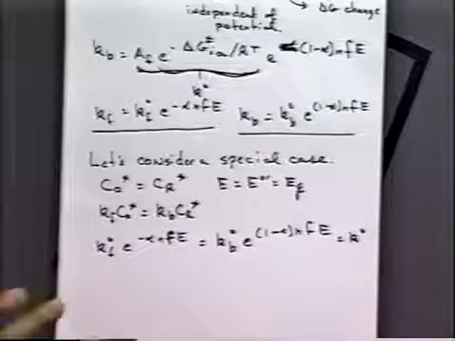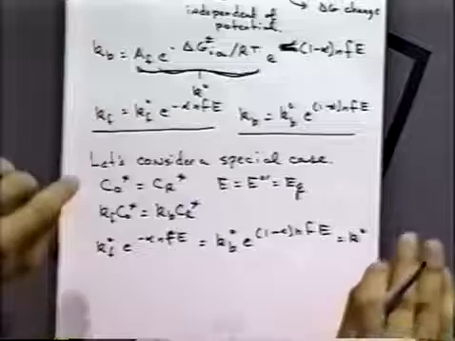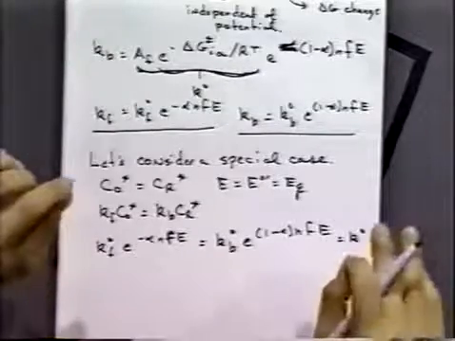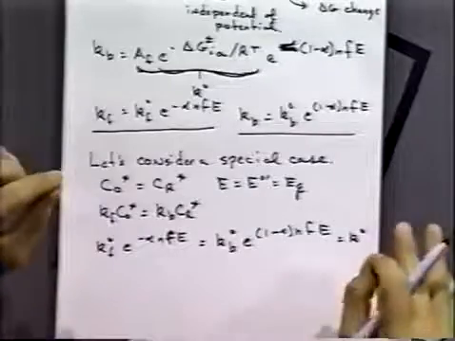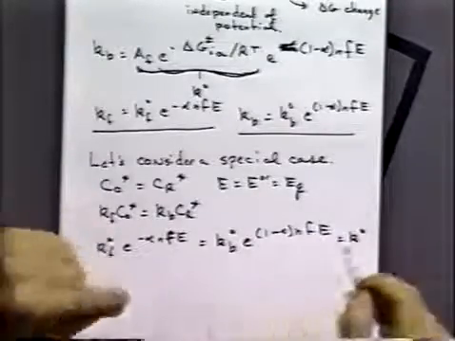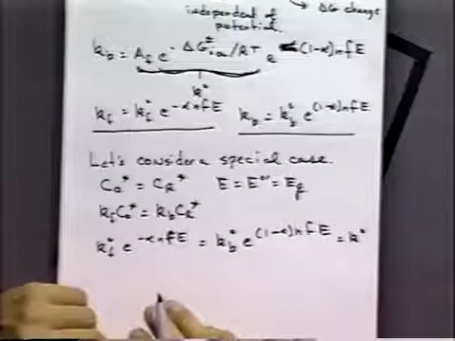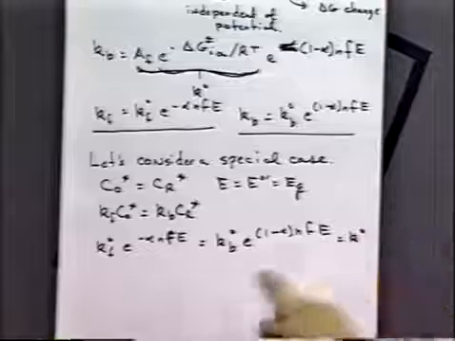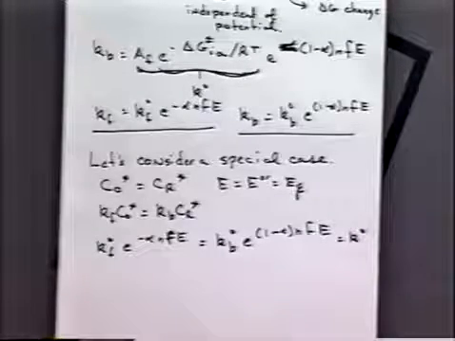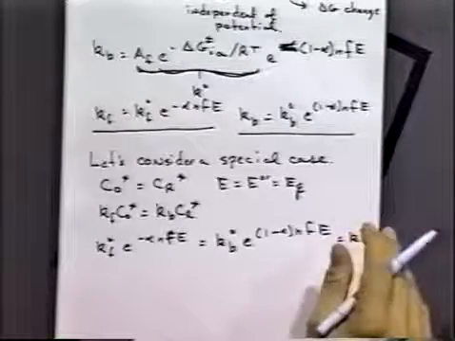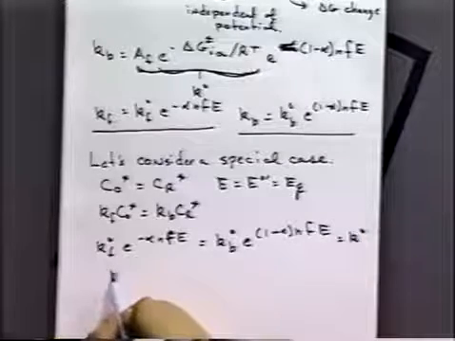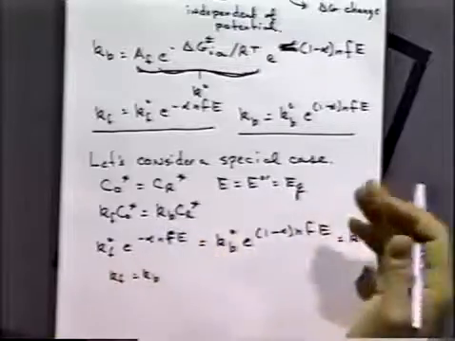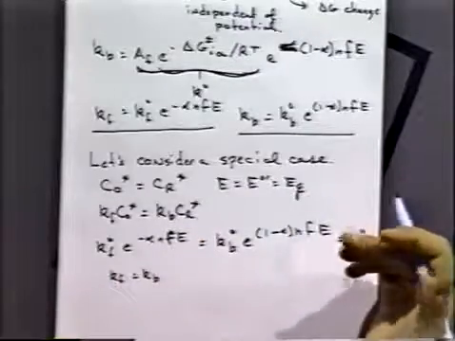But if we specify that K0 is for the particular case when we're at the standard potential, then K0f and K0b are equal to K0 without a subscript. In other words, they're both the same, because at that point Kf is equal to Kb, because C0 is equal to Cr star, and so on.